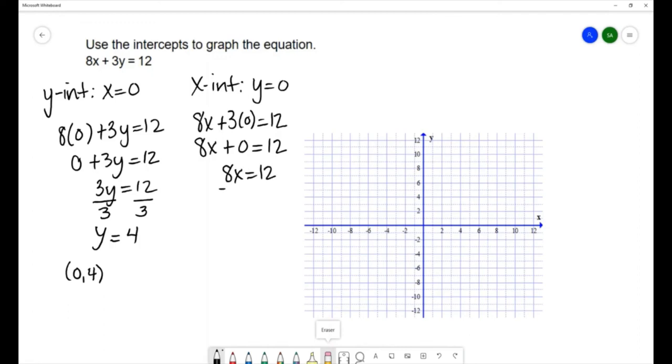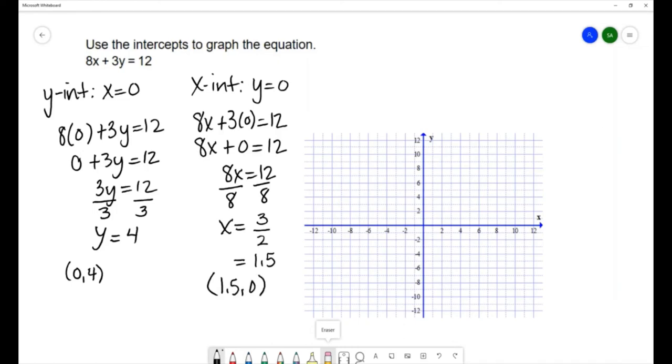And I'll divide both sides by 8. And that gives me x equals 12 over 8. And that'll reduce. 4 goes into 12 3 times. And 4 goes into 8 2 times. So that's 1.5. So my x-intercept is 1.5, 0.